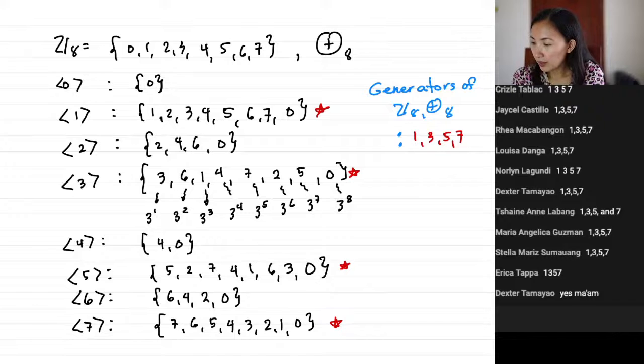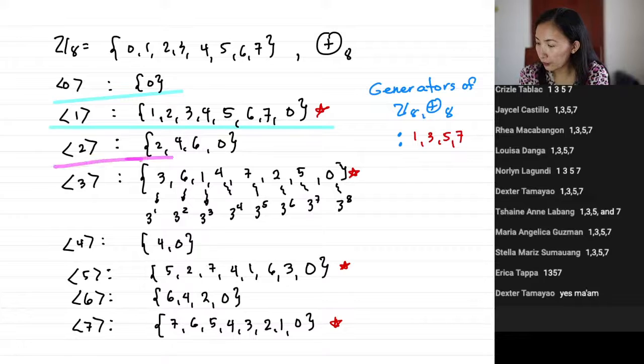This one has an order of, where are the subgroups here? Ito yung mga subgroups. This is the trivial subgroup. So the other subgroups are, we have the one generated by 2, and then nothing else, diba? Dalawa lang.